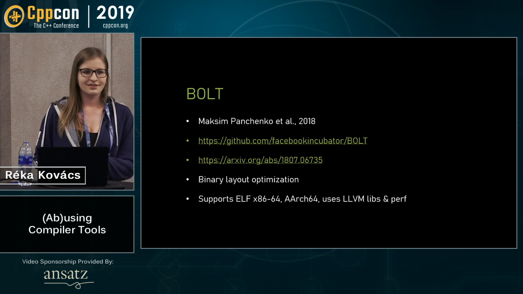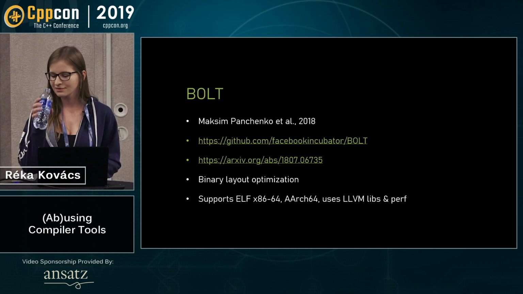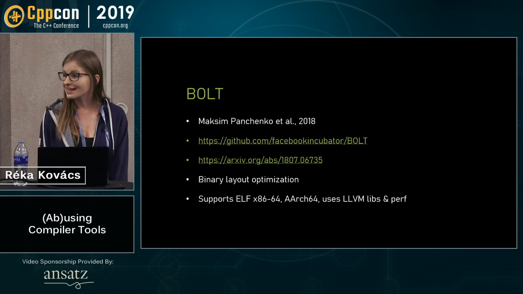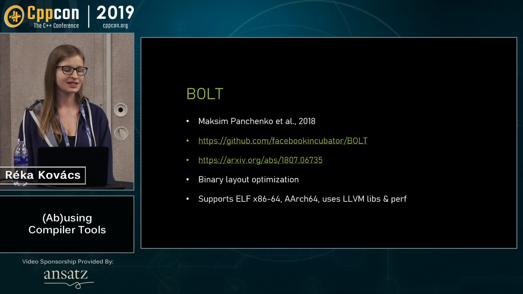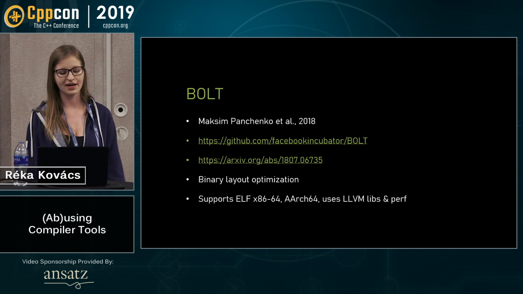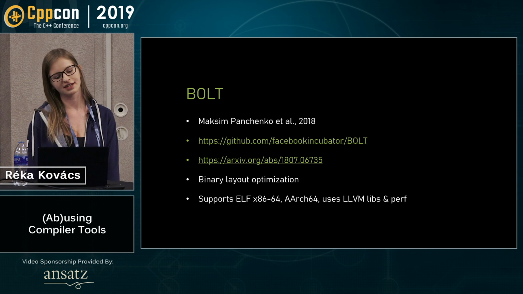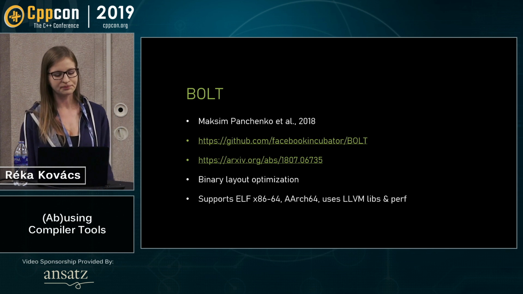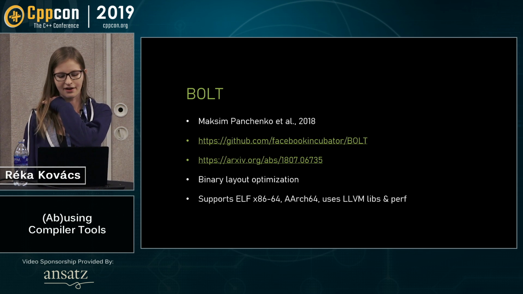So that was the first tool. The second one I'd like to show you is called Bolt. It was developed by Facebook engineers. It's also open source, it's on GitHub, and they also wrote a really interesting paper about it.